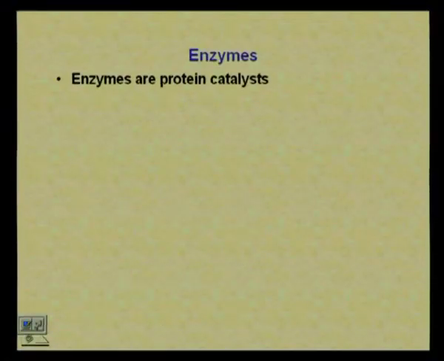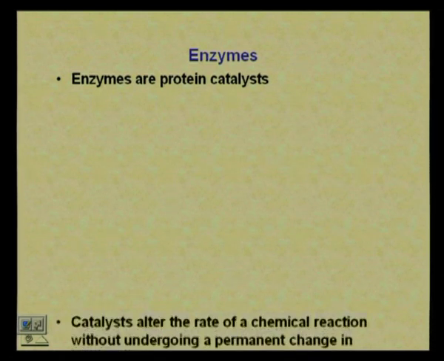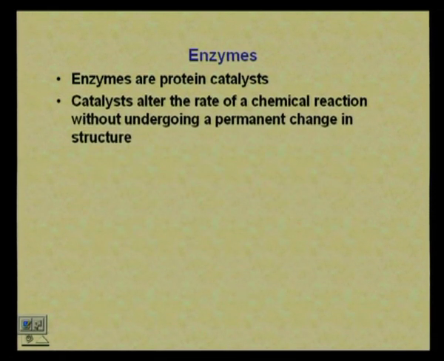So, basically all enzymes are protein catalysts. They are protein catalysts in that they are catalytic in nature, but they are proteins. And you know about catalysts, what do they do?